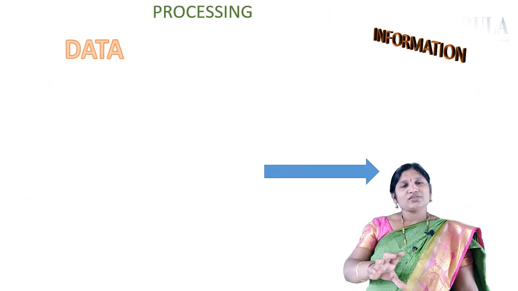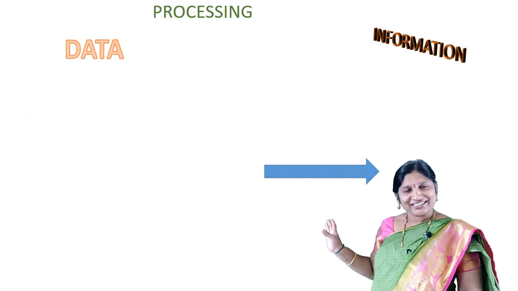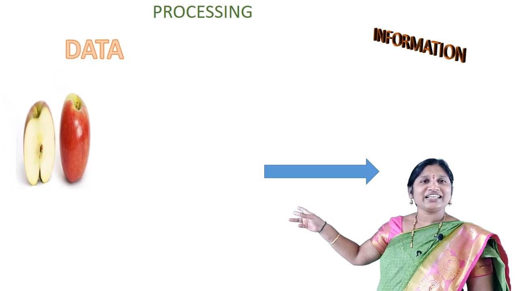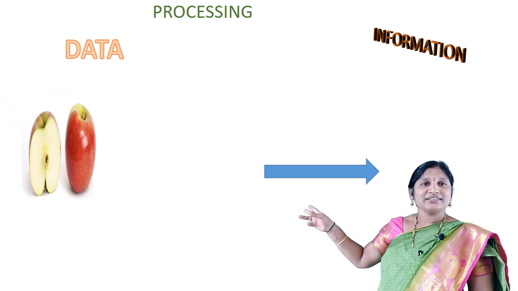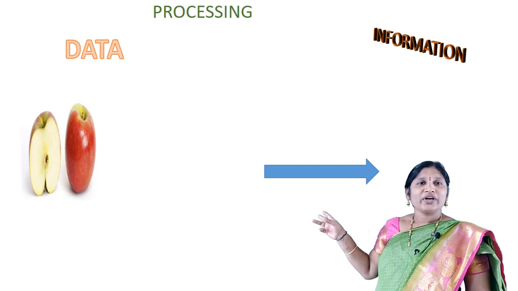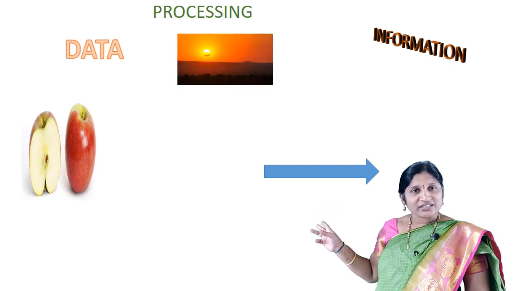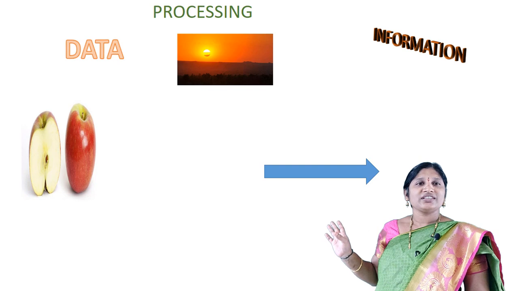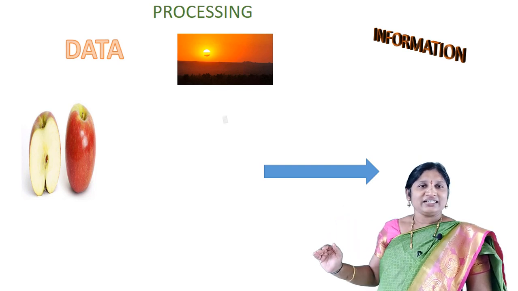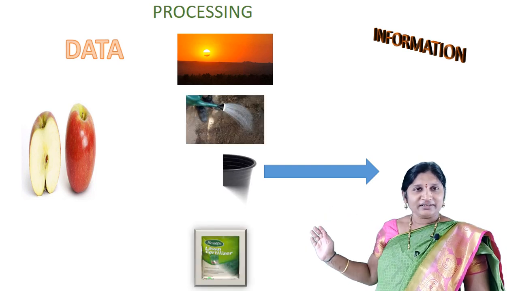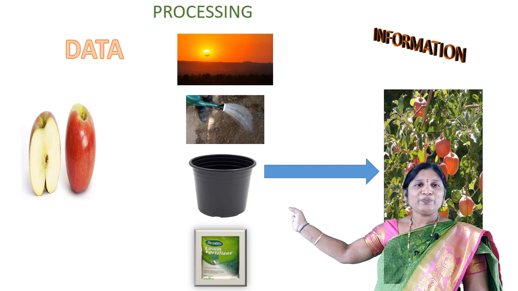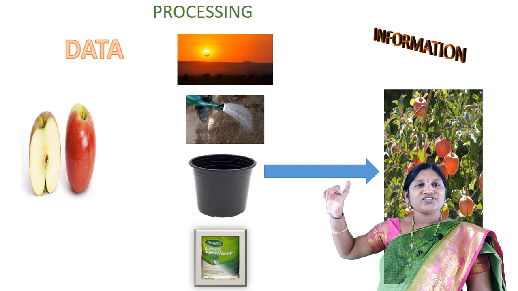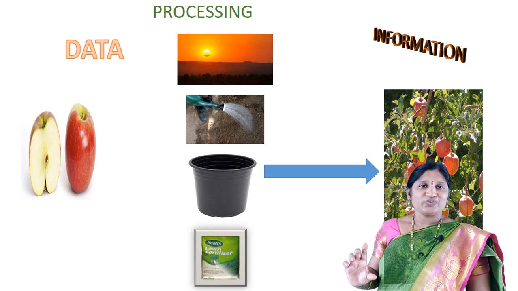So, see what this figure illustrates. Here the data is the apple seed. While applying certain kinds of processing, what is that processing? Sun, container and fertilizer, then it has been converted into information. That is nothing but the apple tree has grown.